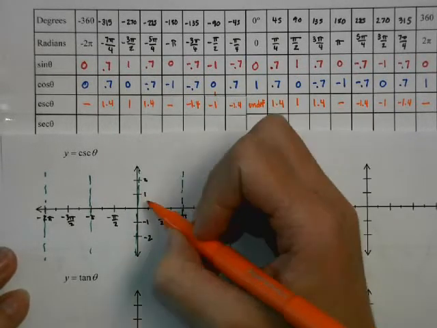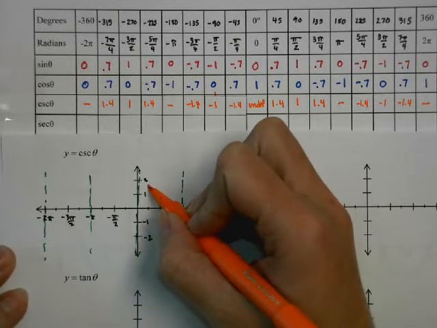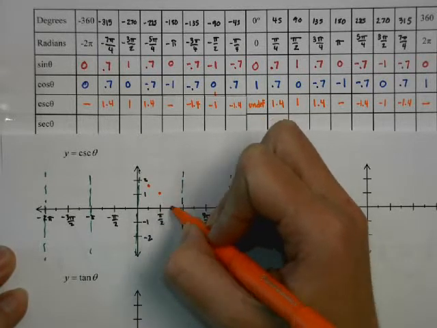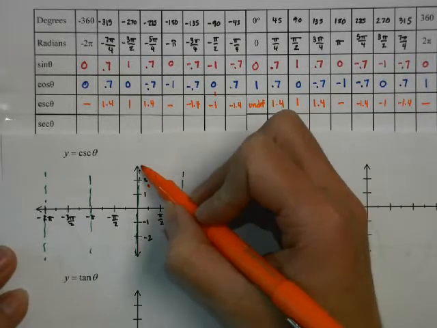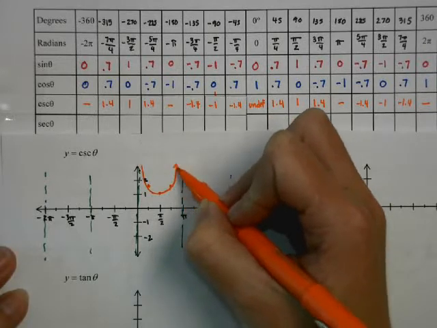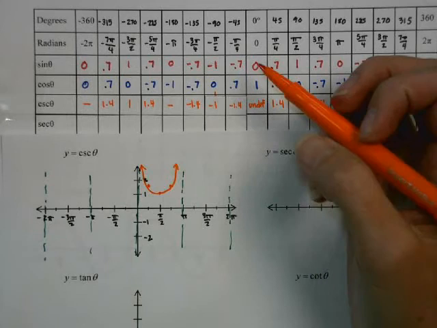At 45 degrees, or pi over 4, our graph is at 1.4. Pi over 2 is at 1, and 1.4. So it actually looks almost like a parabola, but it is asymptotic, so it's going to just approach those values.